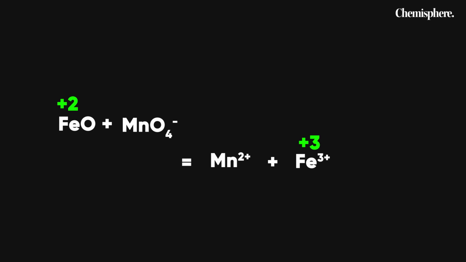Similarly, in MnO4 minus, Mn has a +7 oxidation state and it becomes Mn2+. So Mn is the critical element here. We have to balance them. Fe on the LHS and Mn on the LHS are equal to the same number of ions on the other side. So we don't need to do anything in this case.